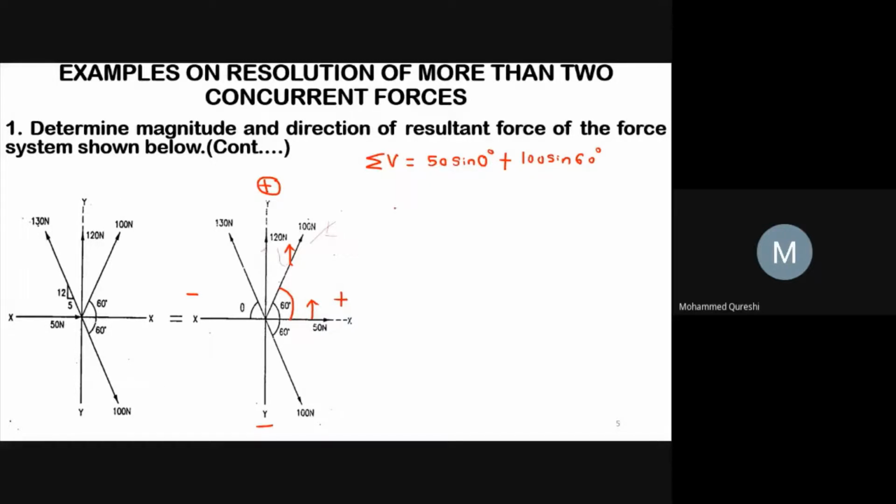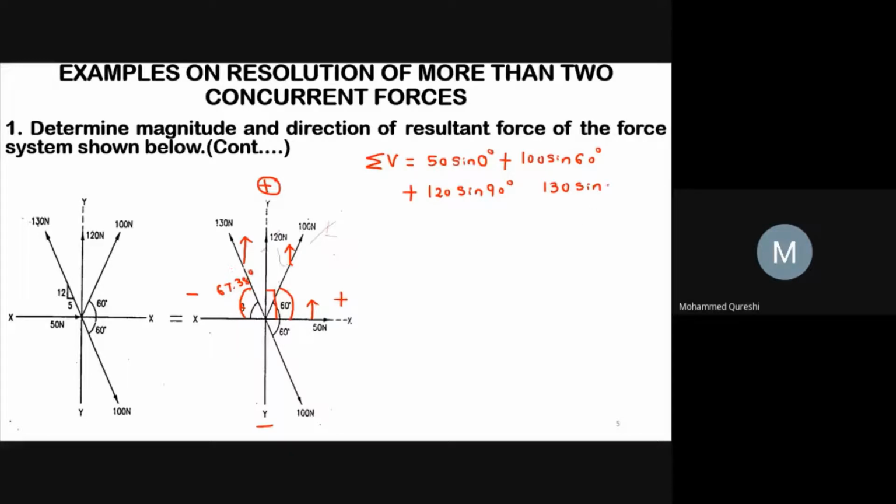Then we will go for 120. 120 sine, and 120 is making an angle 90 degree with x-axis. So here sine 90, and this will also be positive. Then we will go for this component 130. 130 sine, this theta we had already calculated earlier, 67.38 degree.